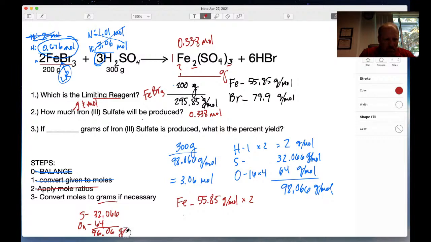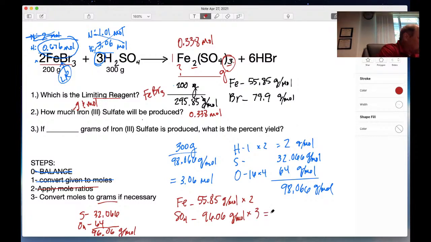grams per mole. And there are 3 of those right here, 3 SO4s. So 96.06 times 3 is 288.2 grams per mole.